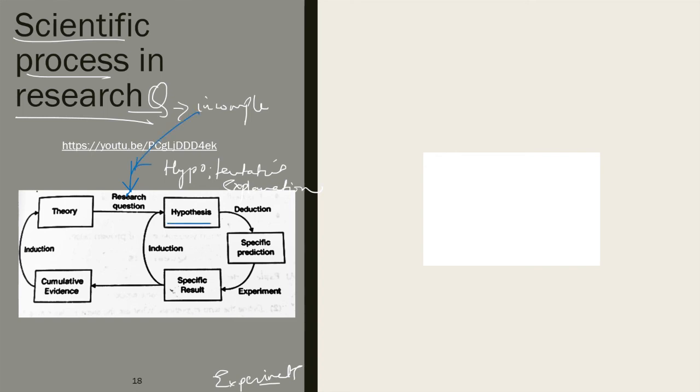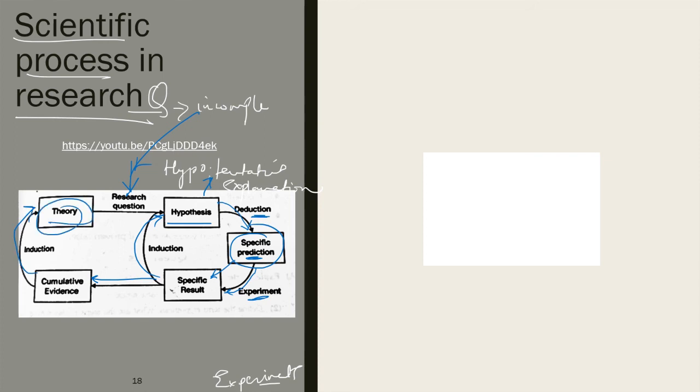Then finally experiments are performed to test the specific predictions, and we get the specific results which are induced in the hypothesis also, and they are the cumulative evidence. These evidences are again included in the main theory, from where we found one research question where the knowledge was incomplete. So this makes a full cycle.